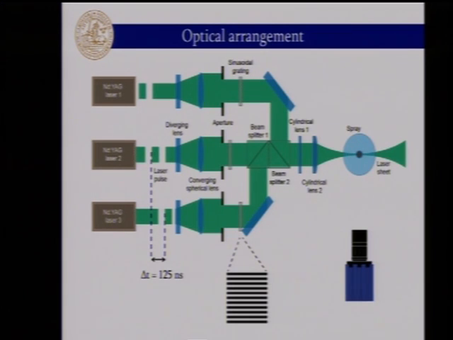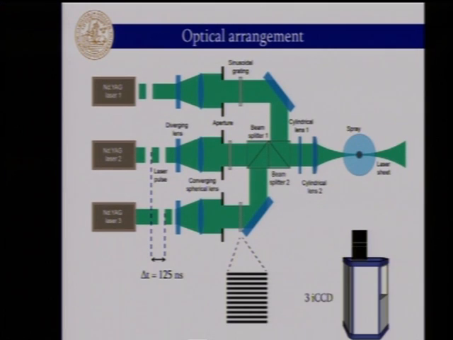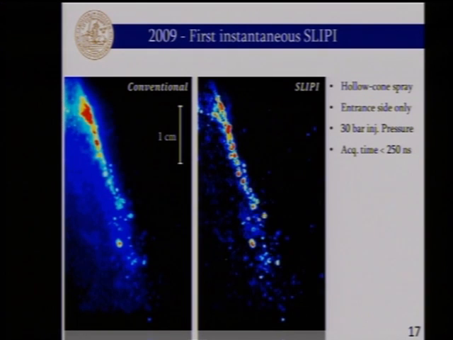You don't want the spray to have moved from one image to another, so you need to do it really fast. So then you need 3 ICCD cameras or a multi-frame camera using 3 ICCD chips. Using this setup, we recorded the first instantaneous SLIPI back in 2009.